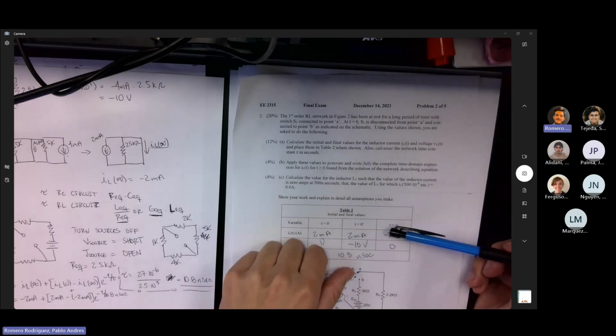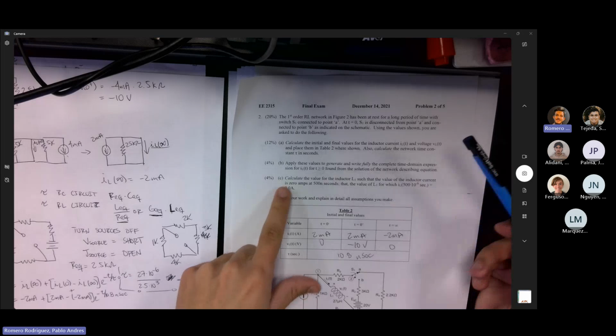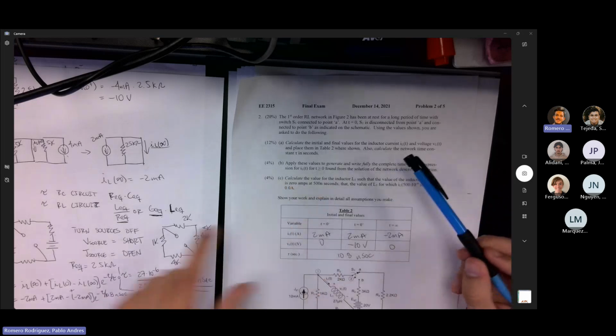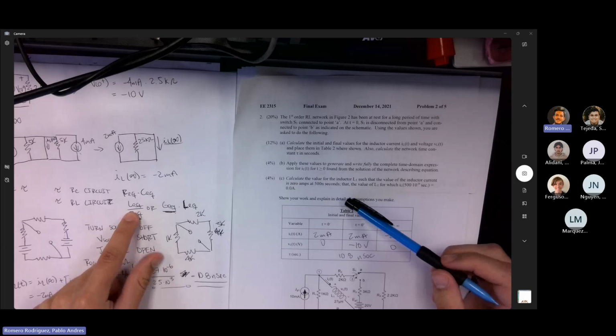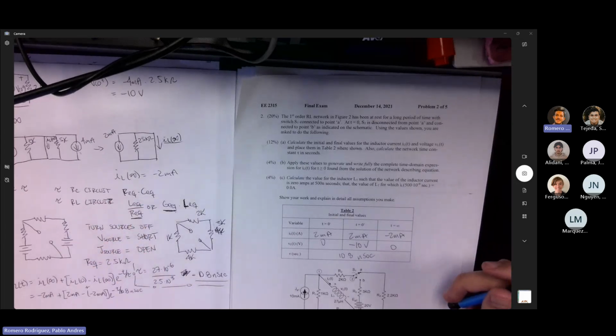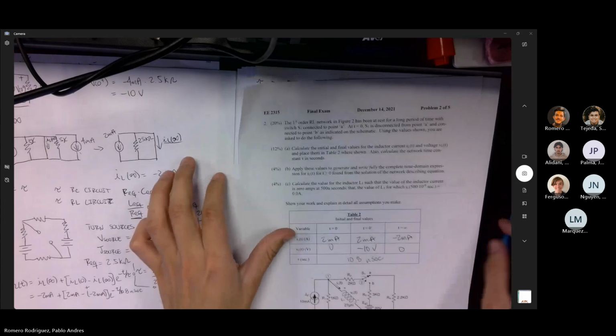Basically that. So you're given time and you're given a current. With that, you find the tau, which is related to your inductance. And then with the tau, you find the inductance because your resistance is not going to change. Cool.